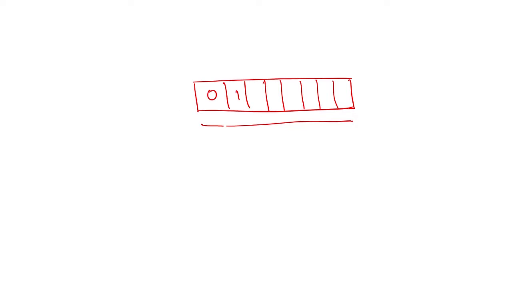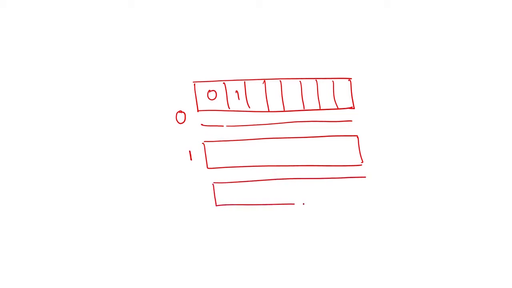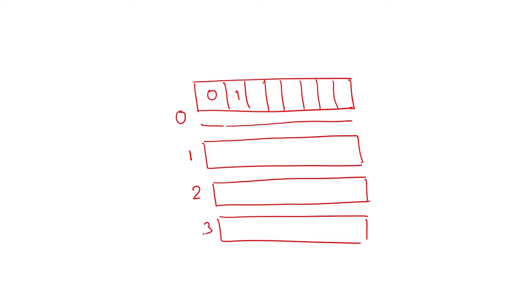We should have an address, let us say this address is 0, then we have another byte, and this address is let us say 1, we have another byte, this address is 2, we have another byte, this address is 3. So, if each byte has an address, then that type of organization of memory is called byte addressable.